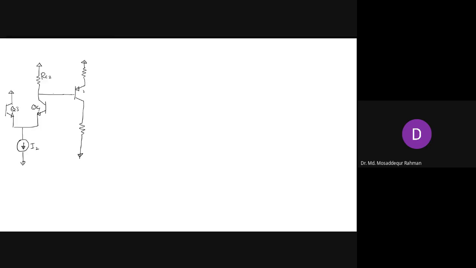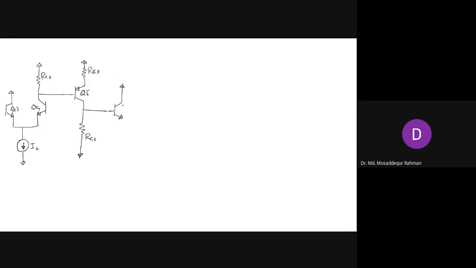This we call Q5. And then take the output from here. That is our RE, the emitter side, RE3, and that's collector RC3. Now, then we have the output from here. We use another transistor.